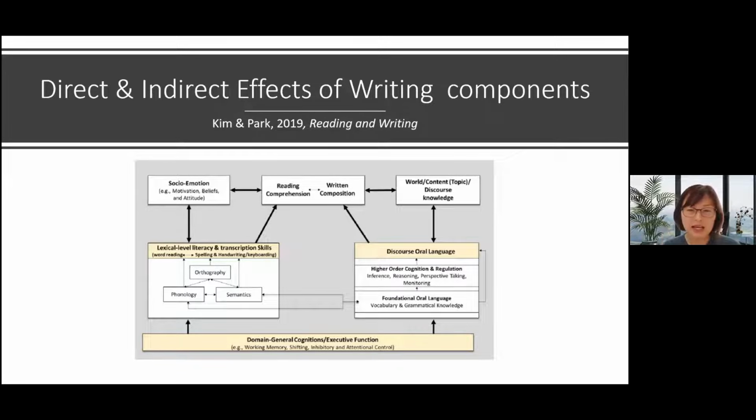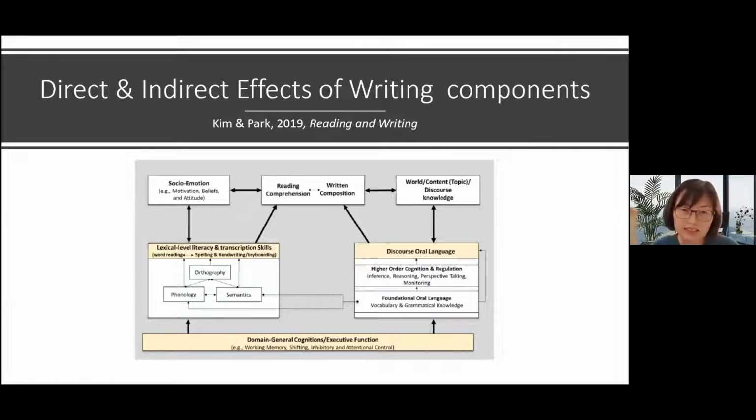I can do that, and I can produce oral composition, right? I can produce something that I'm going to say in oral version. But if I don't have spelling skill or handwriting skill, there's no written composition. There's only oral composition, right? Because written composition by definition means written product. So that's why we need a transcription skill.